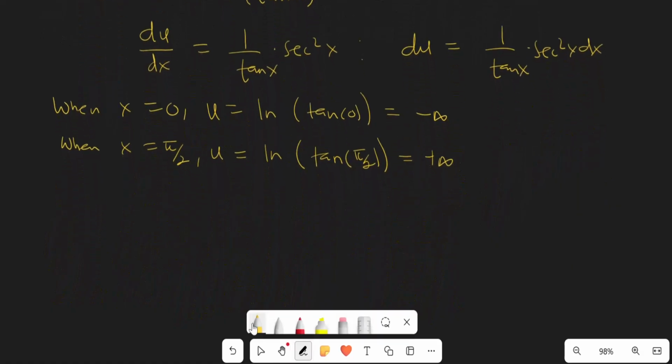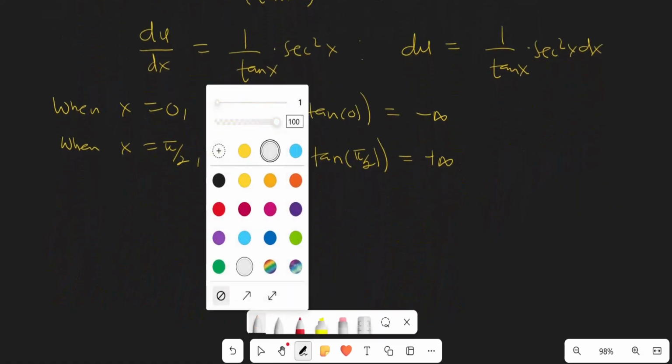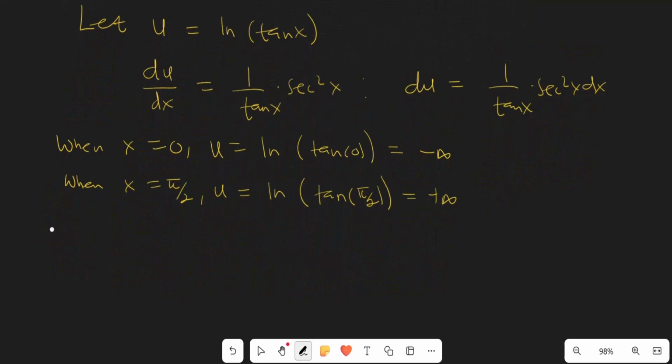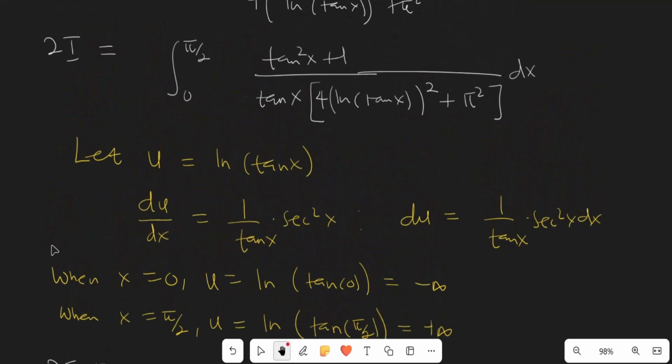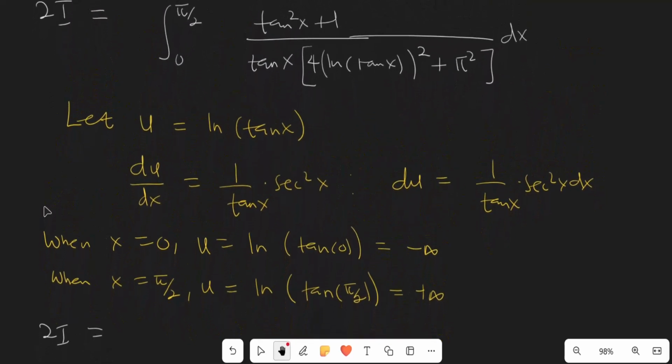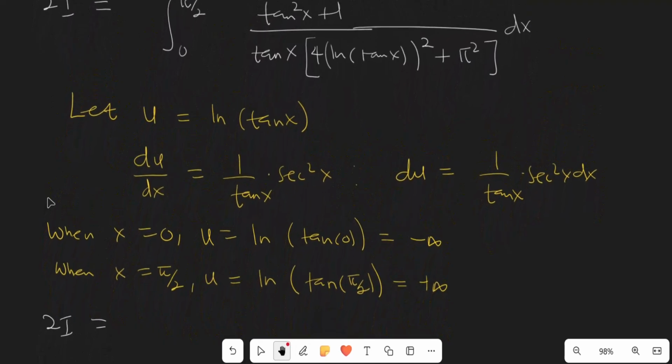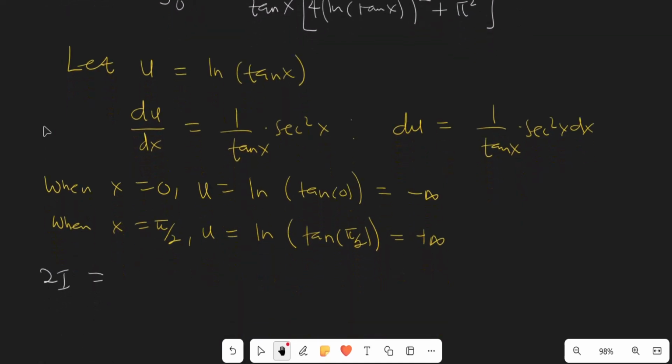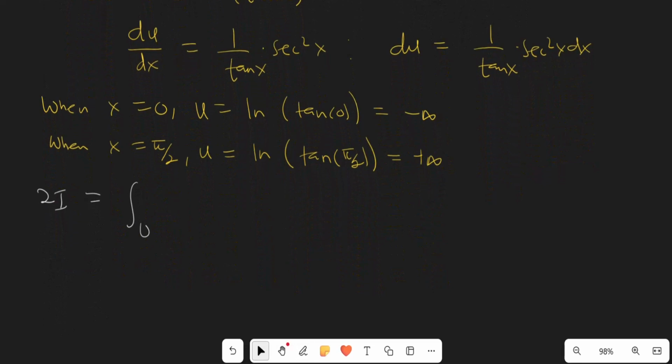So we have our integral now. So the integral 2I is going to be, the numerator can also be written as secant squared x, using the property from the Pythagorean theorem, from 0 to pi over 2.